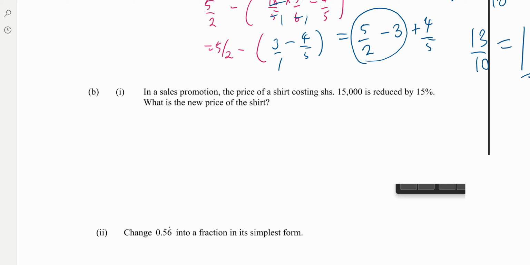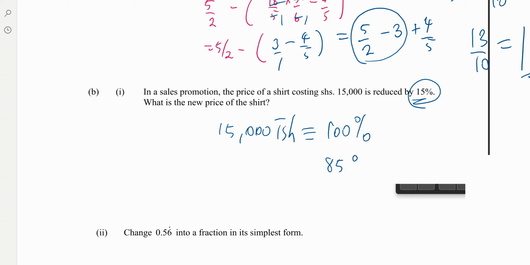So in a sale promotion, the price of a shirt costing 15,000 shillings, this is equivalent to 100%. Then you reduce by 15%, so we are looking for 85% equivalence. Will be how much? By cross multiplication, we get x being 85 times 15,000 divided by 100.